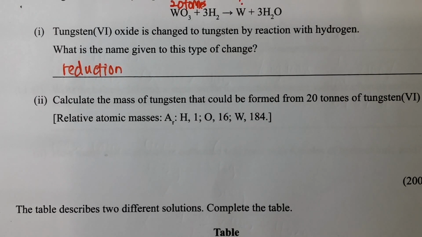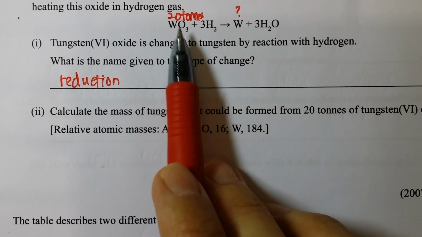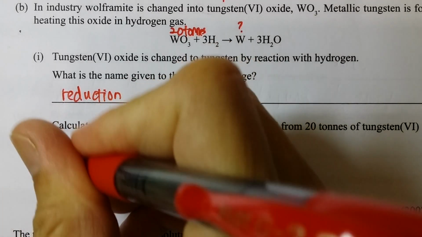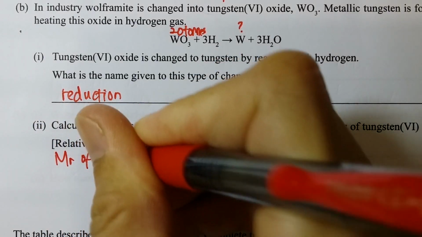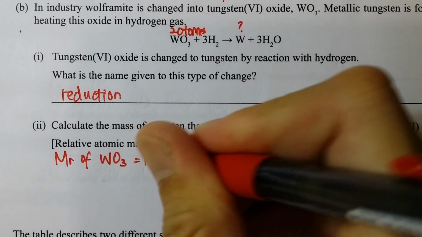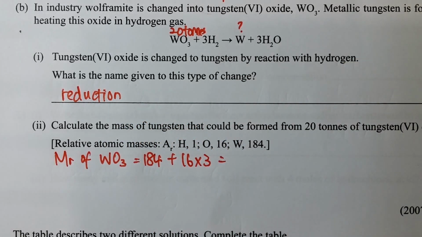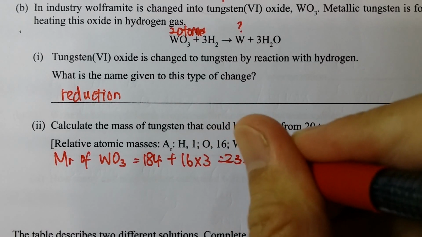Before you use mass ratio, what would be the MR of WO3? You have to find out the MR of WO3, which is W is 184, O3 is 16 times 3, and that would give you 232.